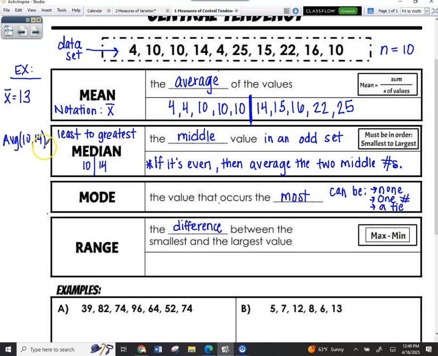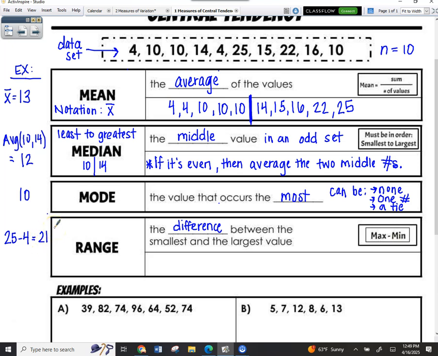What'd you get? 12. Yes, very good. What'd you get for the mode? 10. Range? 21. Range is your high value minus your low value, and you should have gotten 21.